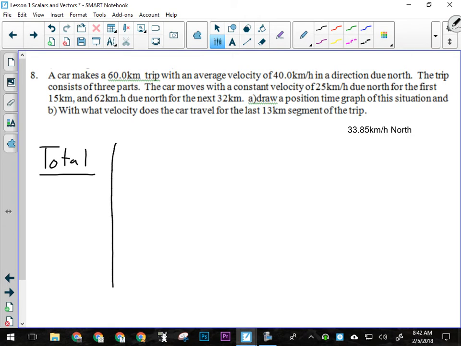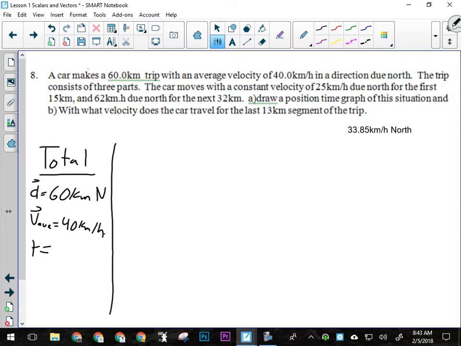So here's what we know first off. They told us information about the total trip. We know the whole trip is 60 kilometers, and that it is north as well, because they told us that. And they told us the average velocity over the whole trip was 40 kilometers per hour. What we don't know is how long the whole trip took, but could we find it?